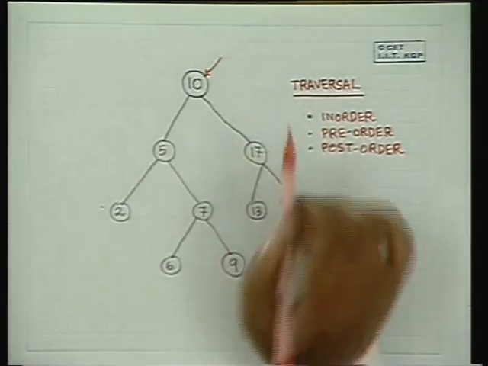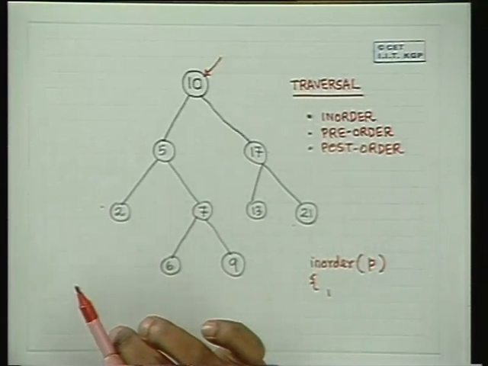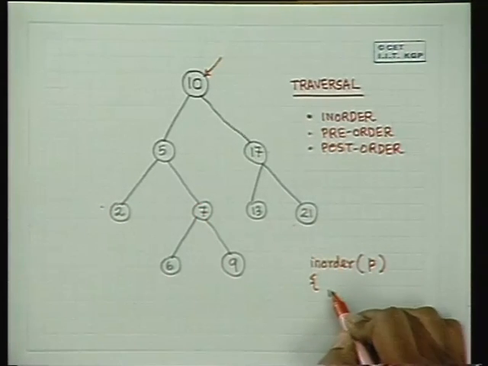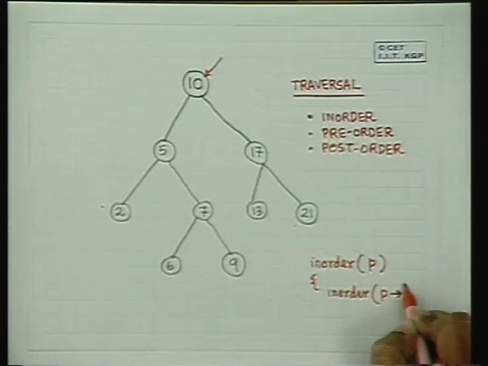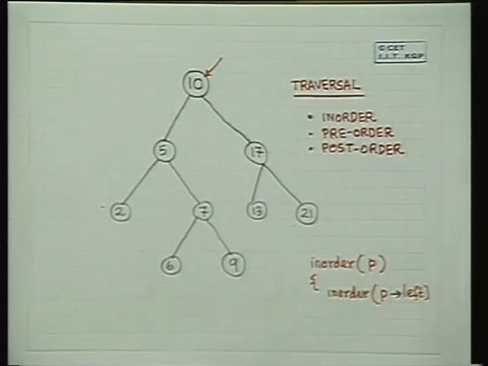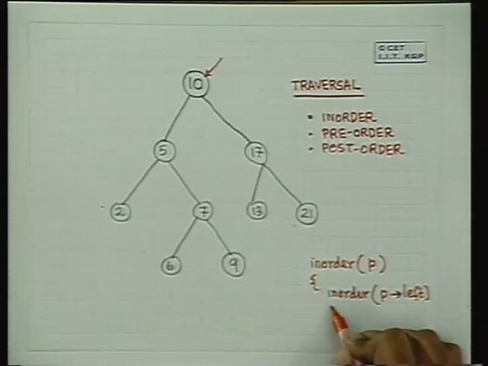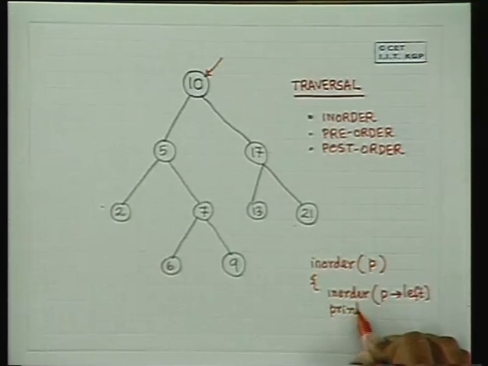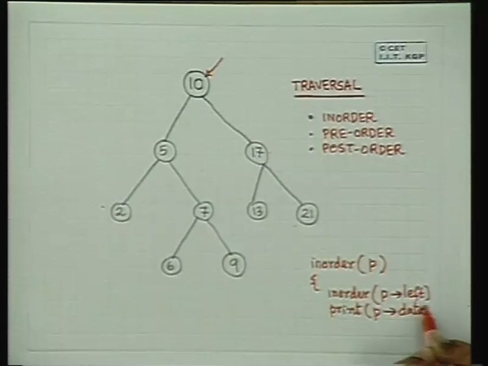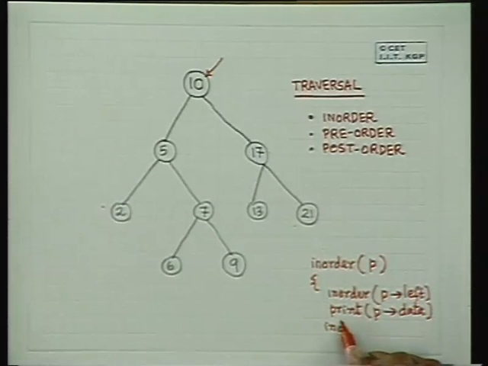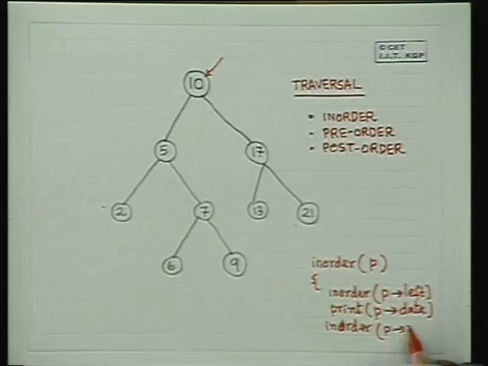If P is null, return null. There is nothing to be done. Otherwise you call in order on P left, print P data, and in order P right.